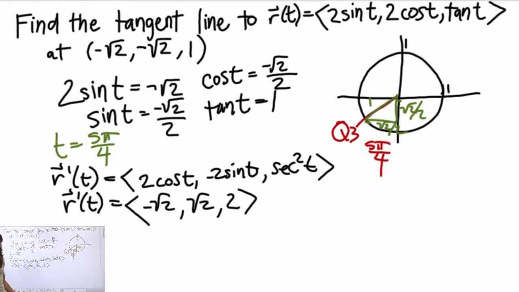So now we have this vector, and what we're going to do is take this point and put it into the formula for L of t, the tangent line.